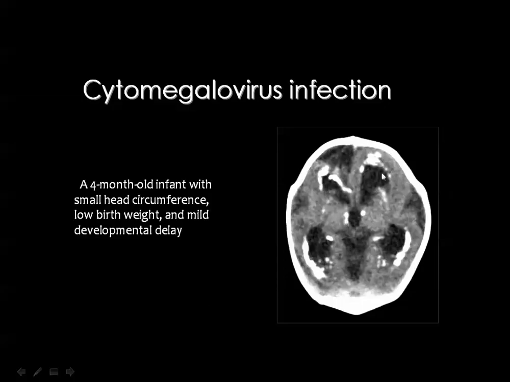If the calcium is intimately related to the ventricular wall, then you may suspect cytomegalovirus infection. But if the calcium is a little bit away from the ventricle, concentrated in the basal ganglia, then you may think of toxoplasma. But this is, as you all know, not a rule, and many overlapping pictures can be seen.